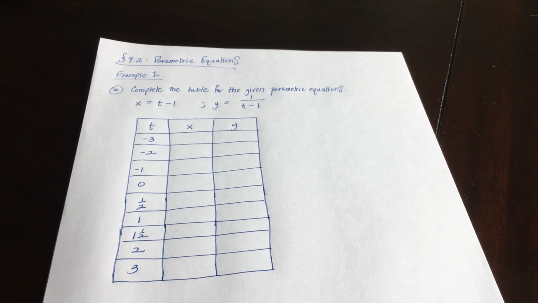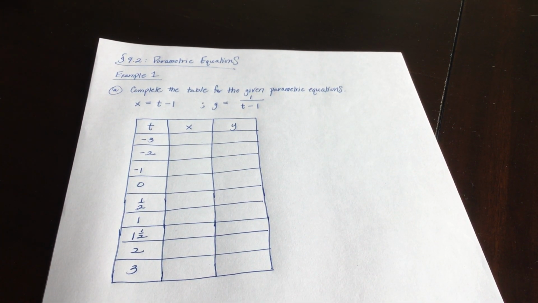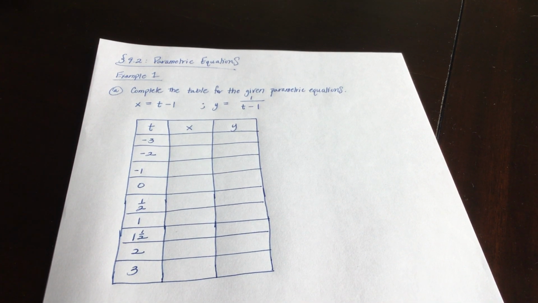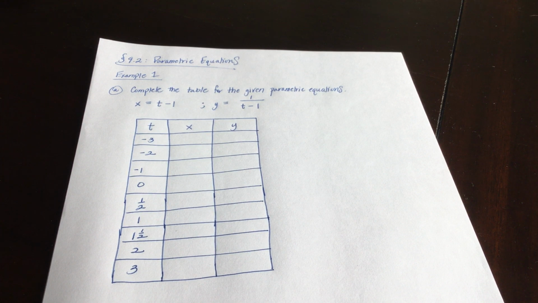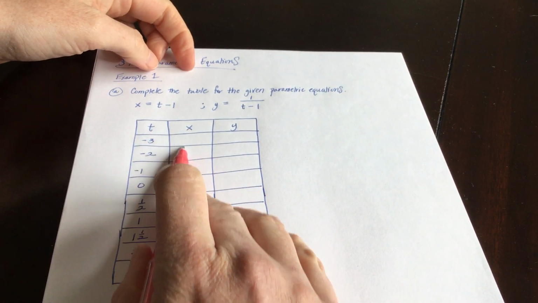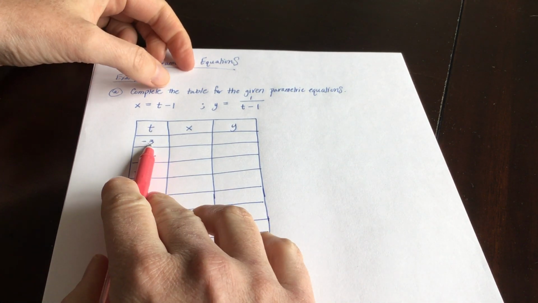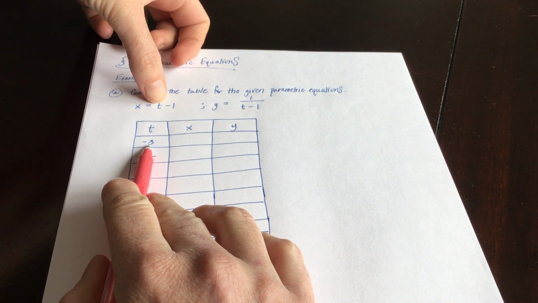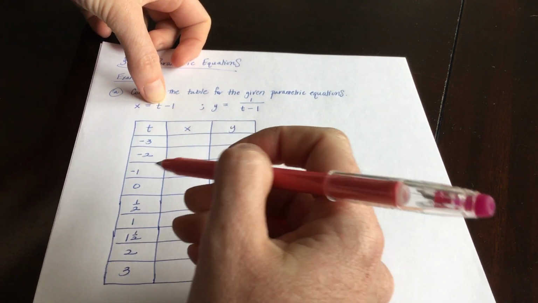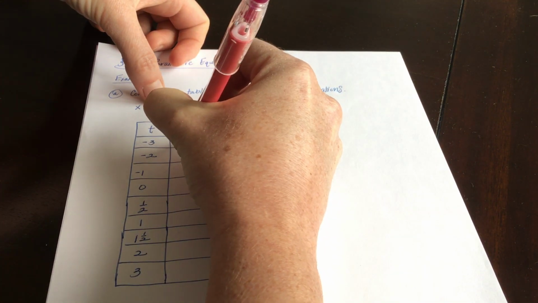Okay, so this would be a super good time for you to pause the video if you haven't already and just see what you can do. And then I'll go through it and make sure that this is what you were thinking. So I'm going to go down and calculate all the x values. So if t is -3, we would just substitute that in and calculate what x is. So -3 minus 1.